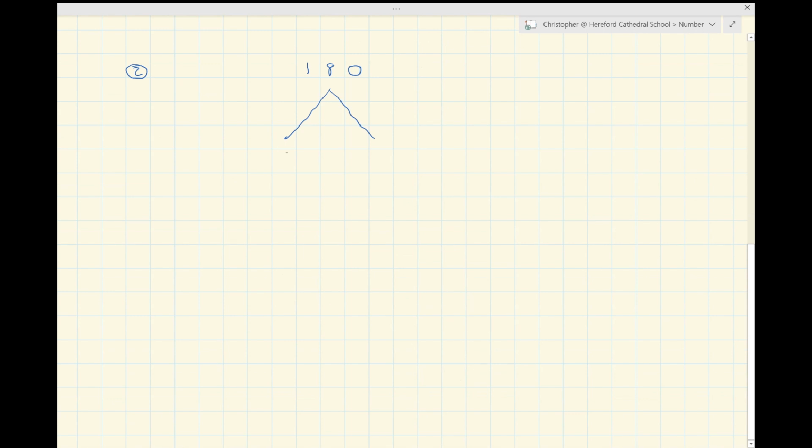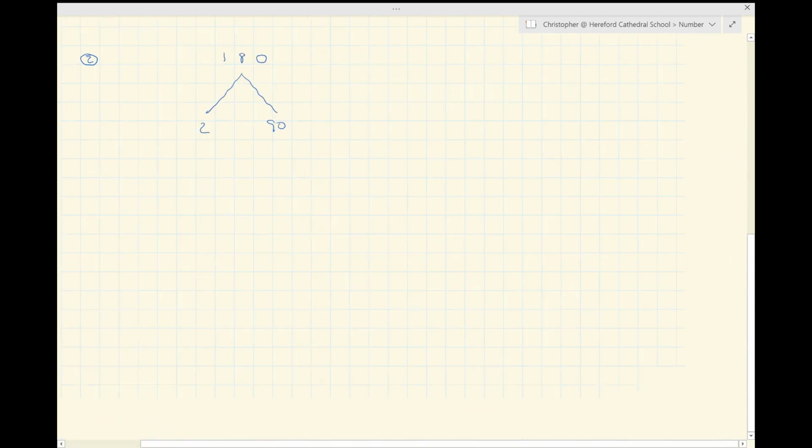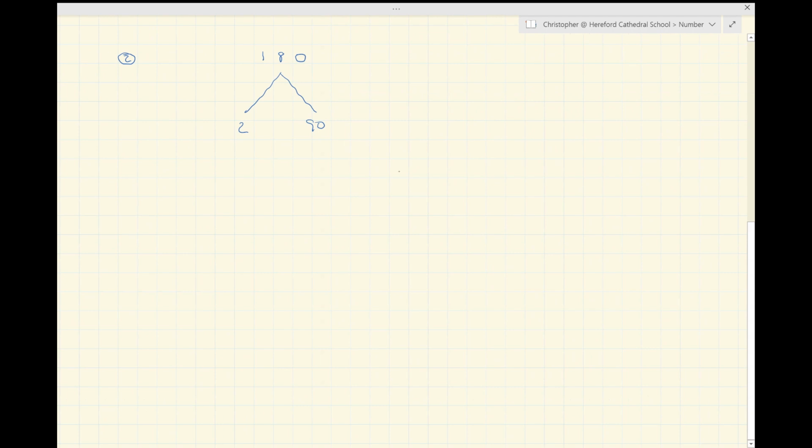Now, some people are tempted just to always go for 2 and think, 2 times what? 2 times 90. Now, there's nothing wrong with that. But my hint is that if you're dealing with a number that ends in a 0, well then, without thinking, you know that it's 10 times something, in this case, 10 times 18. So if your number ends in a 0, pull out 10 first. So I've split 180 into 10 times 18.